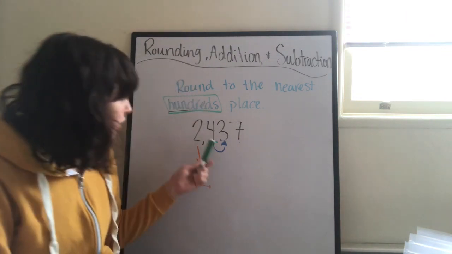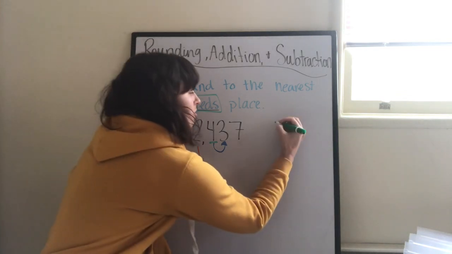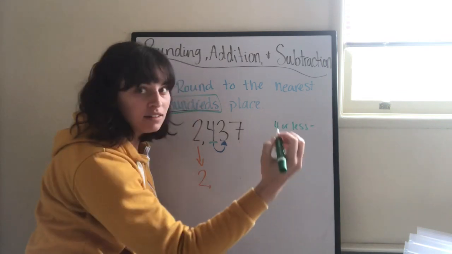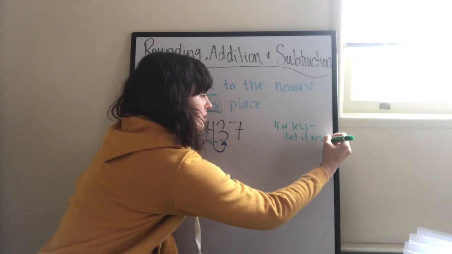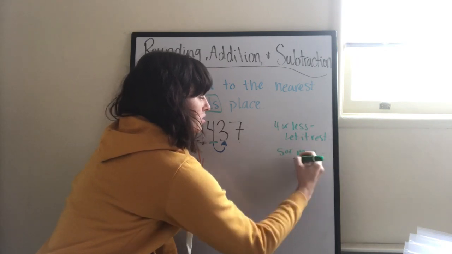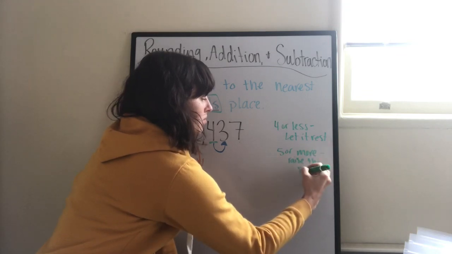Next, the number that we're looking at is 4. Remember our little cheat? 4 or less, let it rest. 5 or more, raise the score.